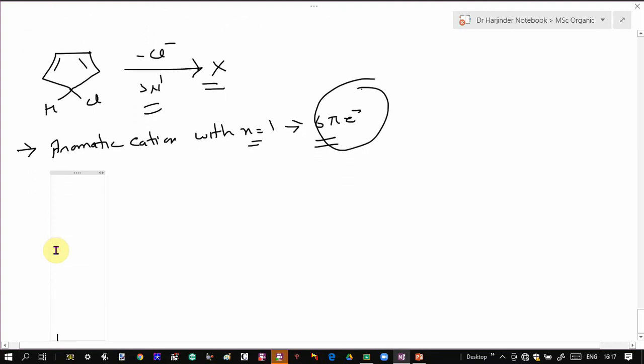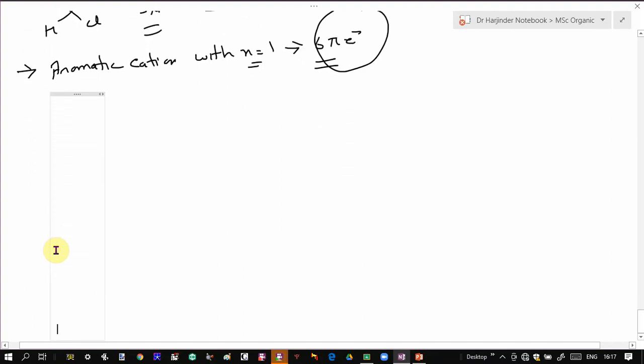So here the example is cycloheptatrienyl cation.